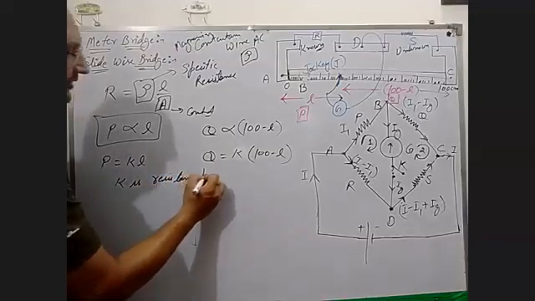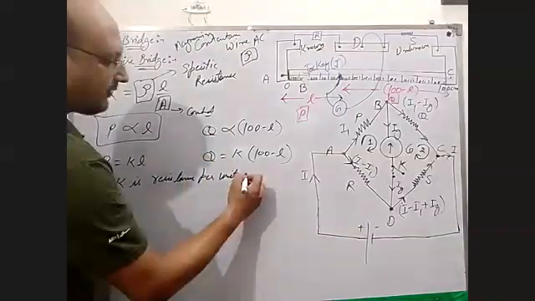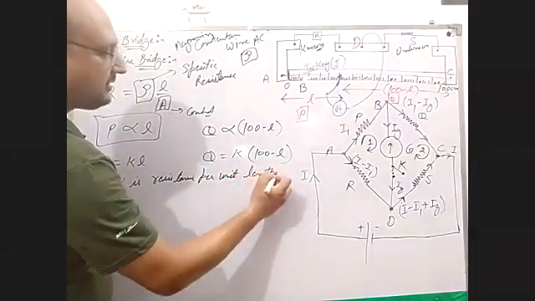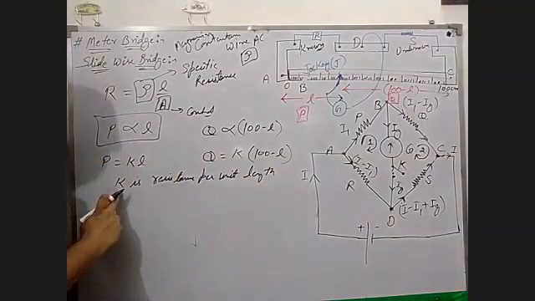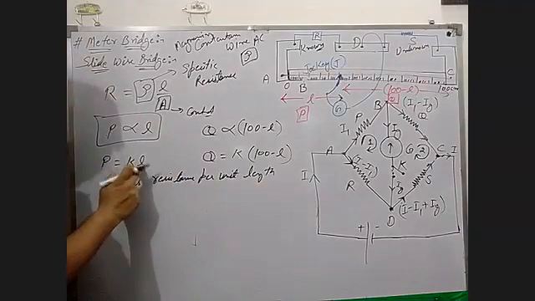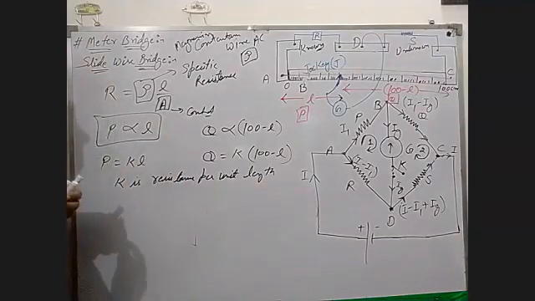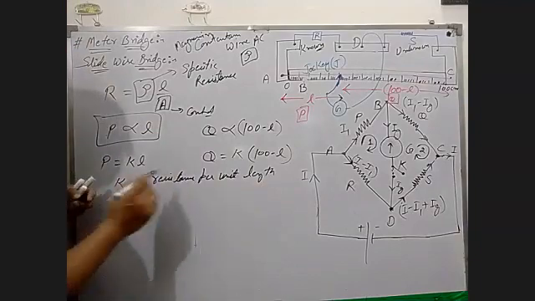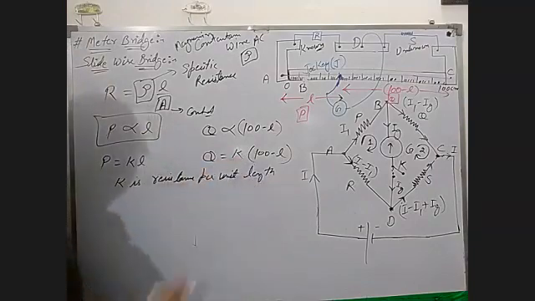Resistance per unit length means the resistance of 1 centimeter. If it is multiplied by L, then you get the resistance of P. So K is resistance per unit length.